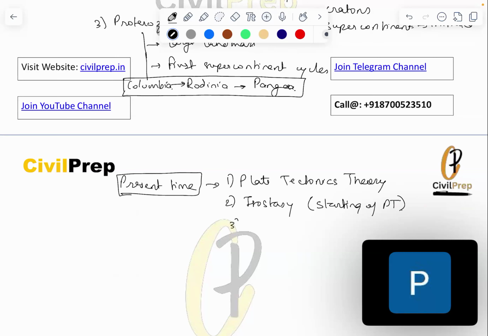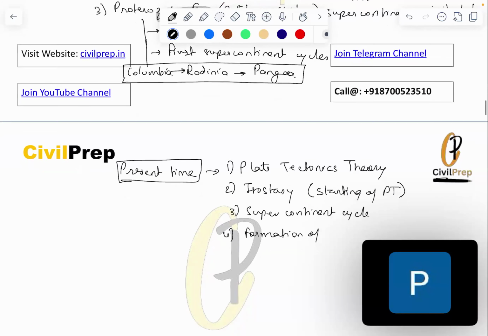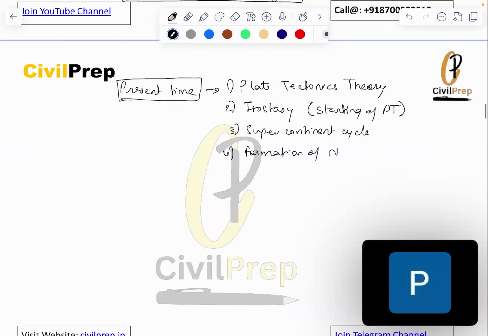Number three, we can also add the supercontinent cycle. Number four, we can add the formation of new oceans.